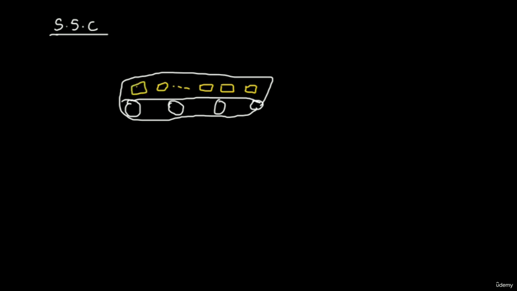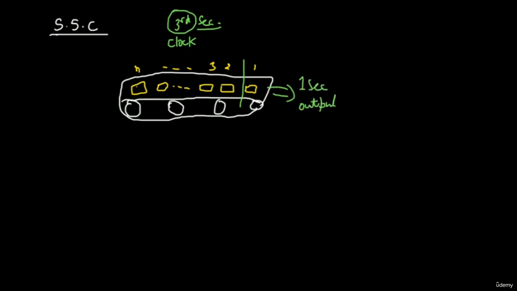But this time, there is a change. We have a clock. And in that clock, let's say for ease of understanding, every product takes 1 second to give the output, or furnace product, or whatever you like to call it.